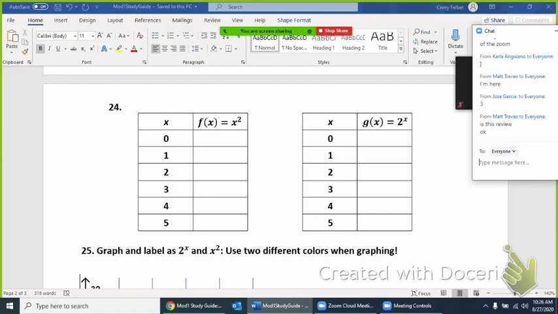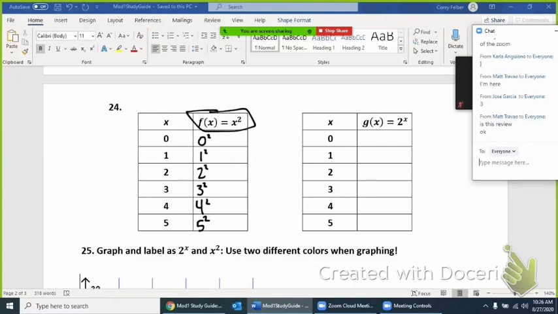On this one, x is 0, so here they want you to plug in 0 and see what comes out. So here we're doing 0 squared. Here we'd be doing 1 squared, 2 squared, 3 squared. And obviously those aren't the answers. You have to square them, and those would be the answers.